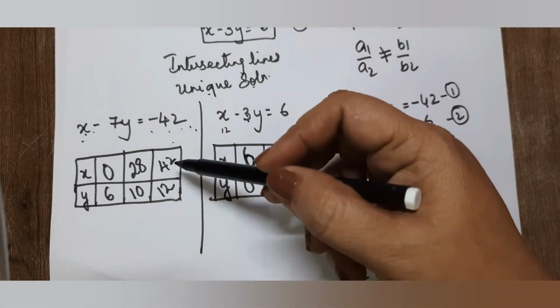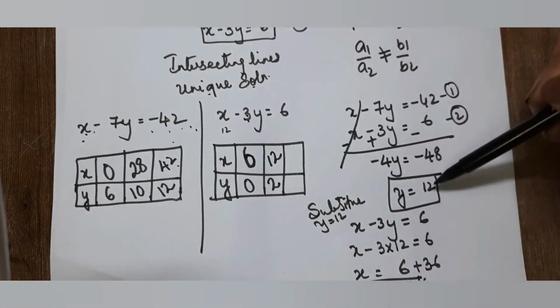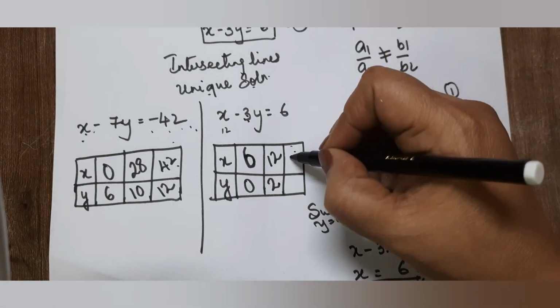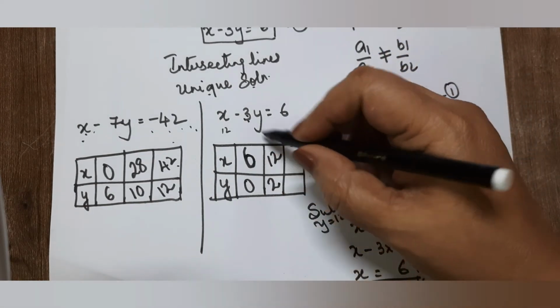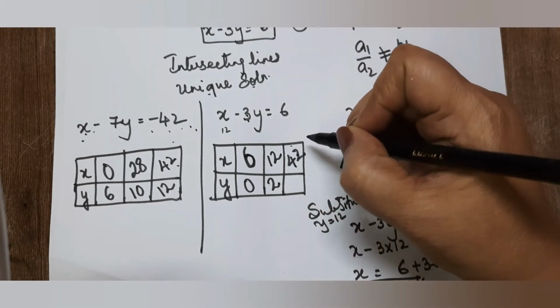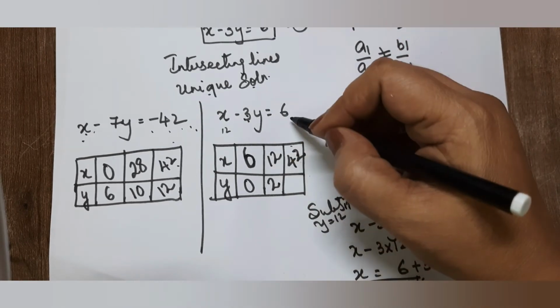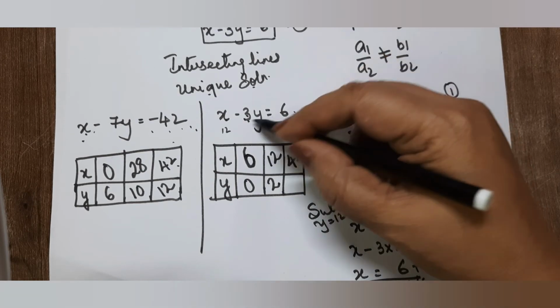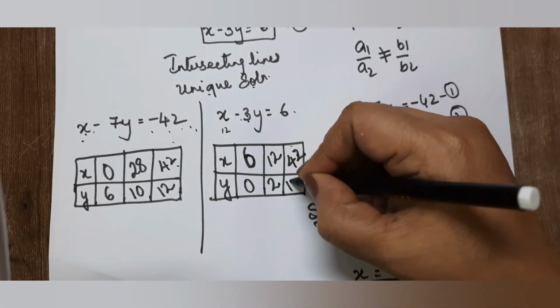One more, we need to take the common point. We already have solved this. This is the point of intersection. So if x is 42, send it that side, 42. Then it will be 6 minus 36, divided by 3, you will get 12.